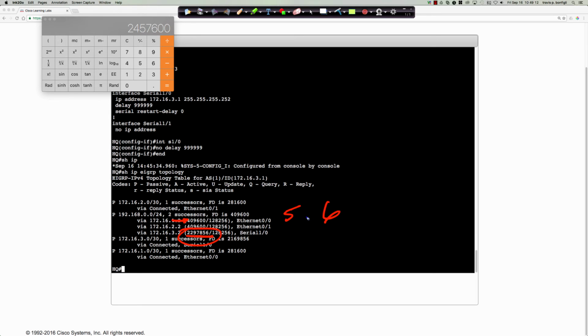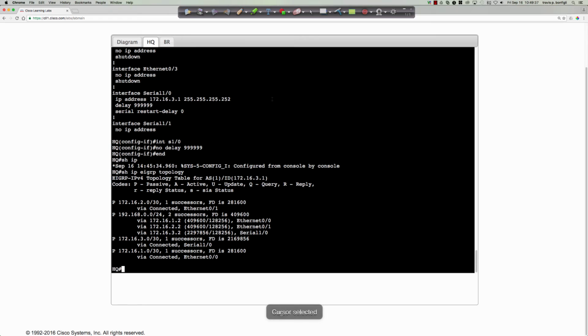Again, to get the definitive answer, simply divide the computed distance of the feasible successor that you want to use by the computed distance of the current successor. We got 5.61. We simply round that up to the next whole number, 6, and now we know the value that we need to use in order to include that third successor, who is a feasible successor, in the unequal cost multipathing.